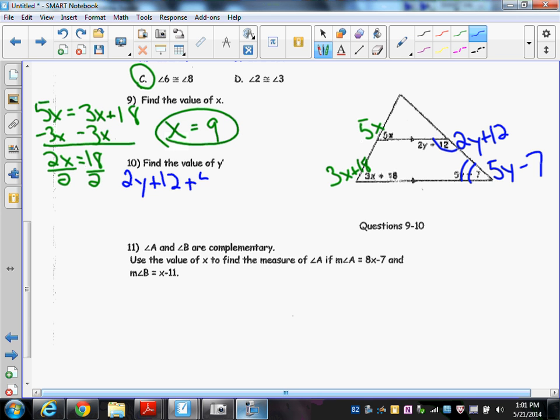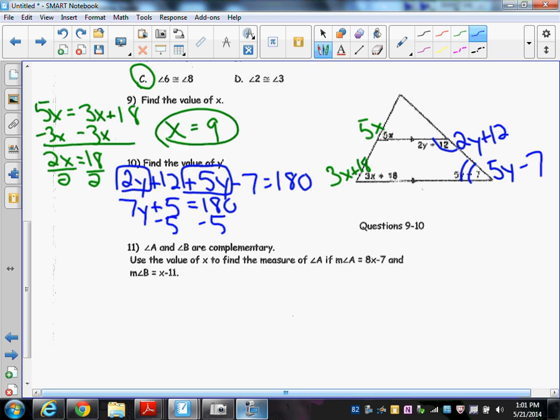When they're supplementary, you add them up and you set them equal to 180. Combining like terms, 7y plus 5 is equal to 180. We get 7y is equal to 175, and we get y is equal to 25.